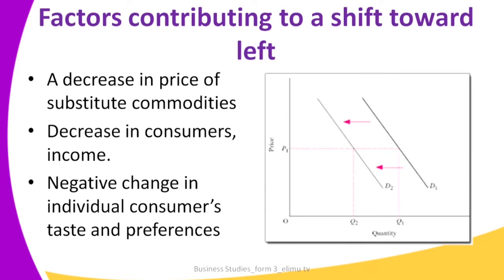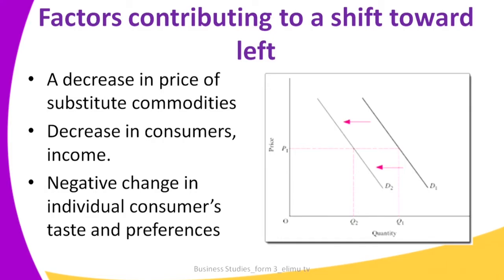And the factors that would bring about a shift towards the left, in other words, a decrease in the quantity of goods demanded, would be, number one, a decrease in price of substitute commodities. Substitute commodities are goods that you can use in place of the other one.